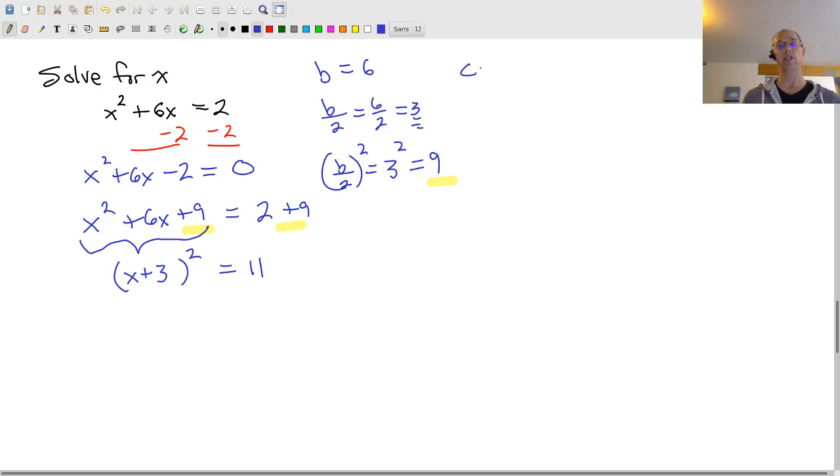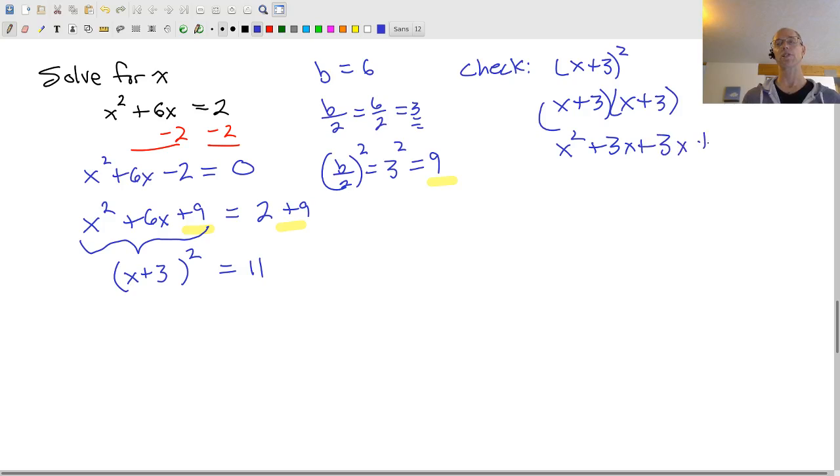So if I do a middle check here, not my final check, if I have x plus 3 squared, that's really x plus 3 times x plus 3. And when I multiply that out, I get x squared plus 3x plus another 3x plus 9. 3x plus 3x is 6x in the middle. And so you can see that this is indeed a perfect square trinomial because it came from a squared binomial.